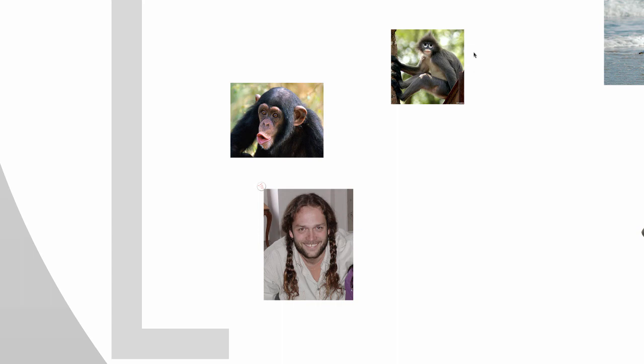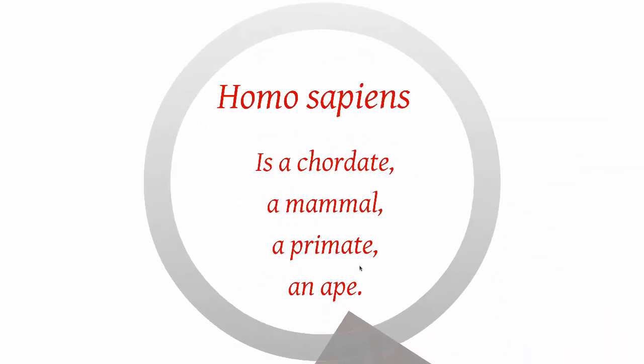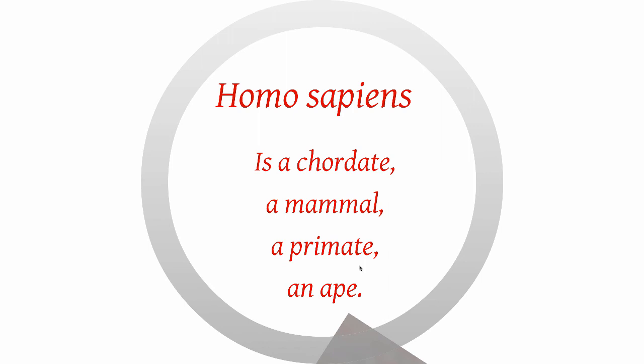This is the order Primates. If you zoom in on just these two, the chimp and the human, you're looking at a group of animals that constitutes the great apes. And then finally, you zoom in on a species of great ape called Homo sapiens. Homo sapiens is a chordate, it's a mammal, it's a primate, and it's an ape. And so this is what I mean by the hierarchical level of taxonomy.